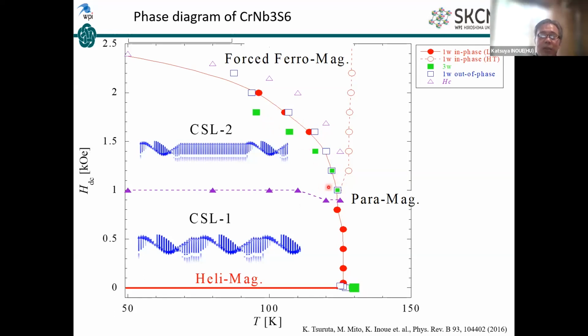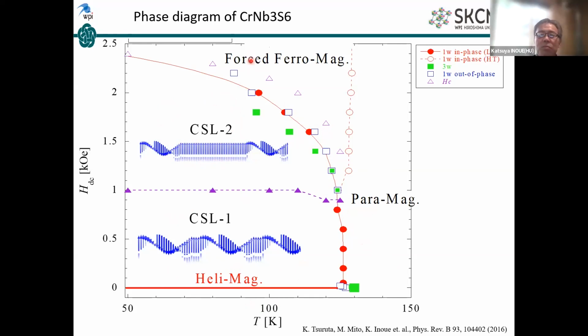This line is like this. We can say this is paramagnetic, this is a chiral soliton lattice, and this is the coexisting phase, soliton and the ferromagnetic part. They have the domain structure, and this is the forced ferromagnetic state.